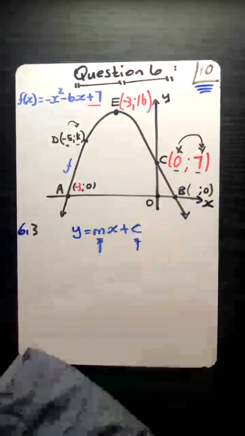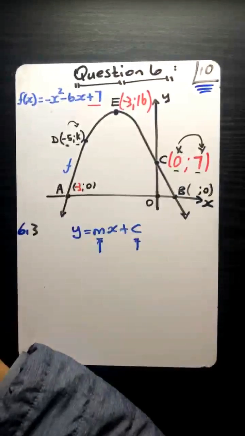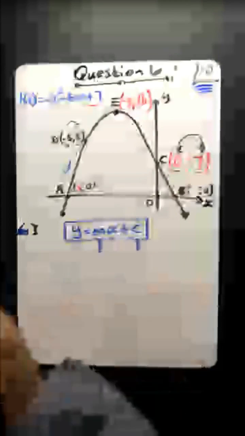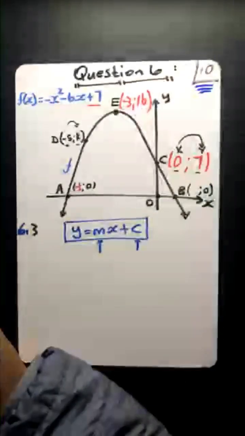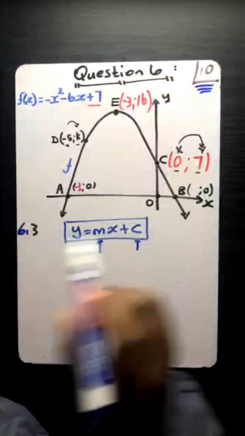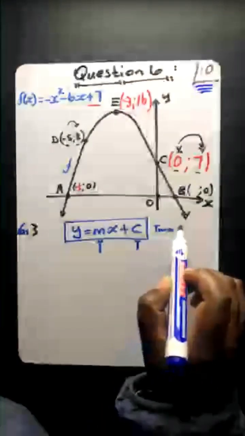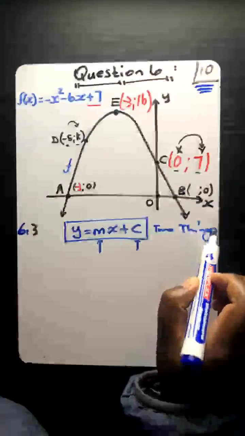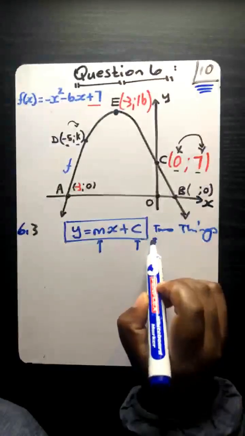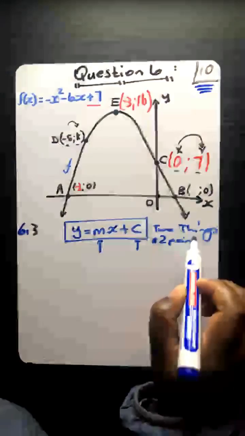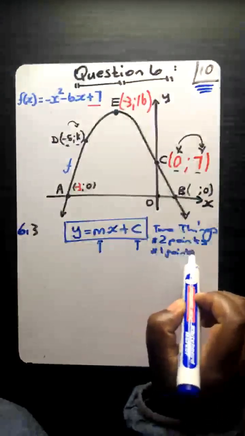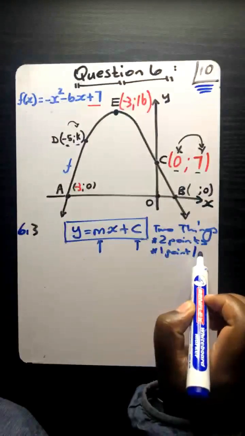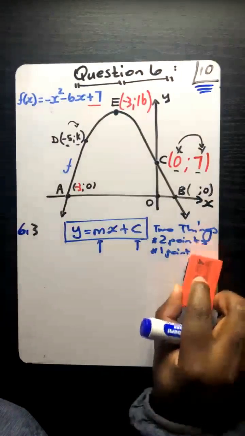Most importantly, for you to determine an equation of a straight line, you really need two things. Listen very carefully. I am saying two things. What are those? It could be 2 points. It could be 1 point and the gradient.